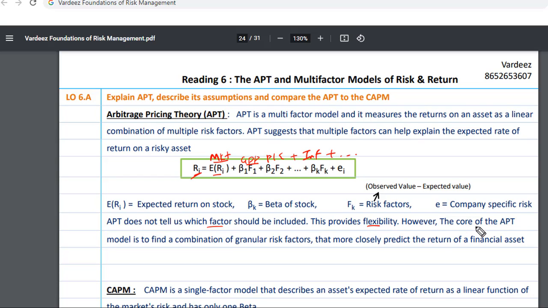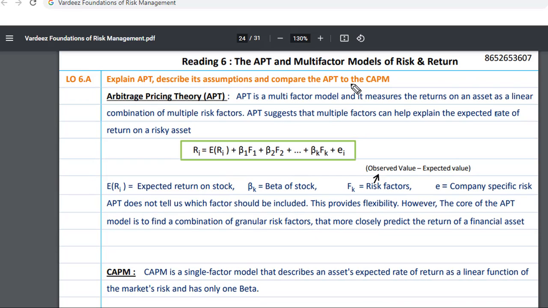However, the core of the APT model is to find the combination of granular risk factors that more closely predict the return of a financial asset. See, you can have n number of factors, but it's important that you limit the factors and include only those factors that actually affect the returns of a particular asset. That should be the ideal goal of using the APT.